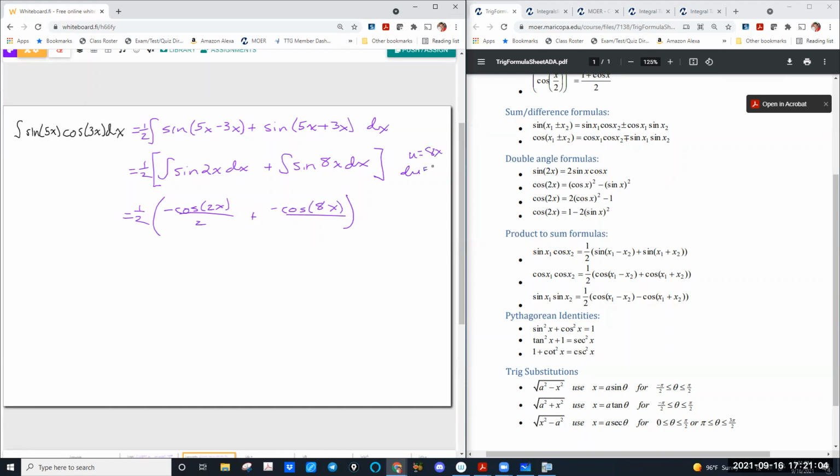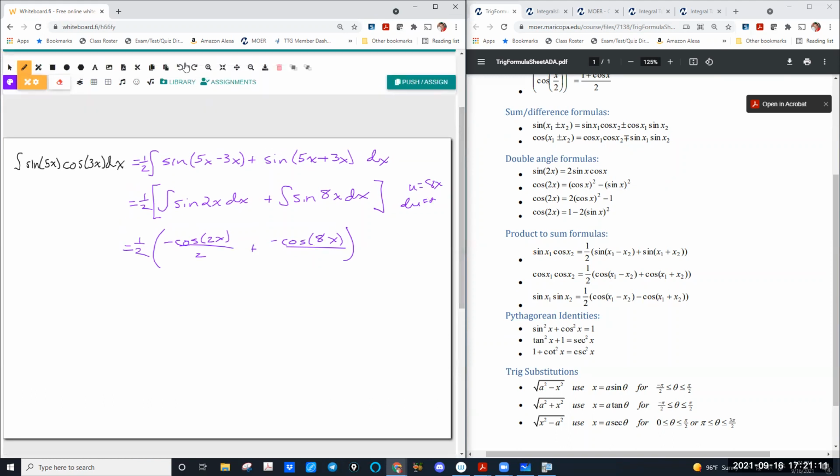Our du would be 8 dx. Apologies, guys, what a terrible 8 that is. 8 dx, right? Divide both sides by 8. So we're going to divide by 8. Where does the 8 come from? Think about it again. To do the derivative of this, the chain rule would tell us we'd have to multiply by 8. So doing the antiderivative, we divide by 8.